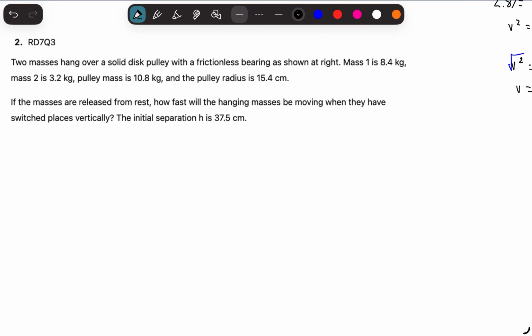Two masses. We can actually draw this scenario out first.